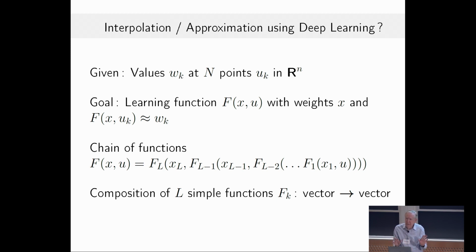I would have thought if we had a lot of data, we would create a complicated function, but I wouldn't have thought of making it a chain of simple functions. So we just have to look at those simple functions.